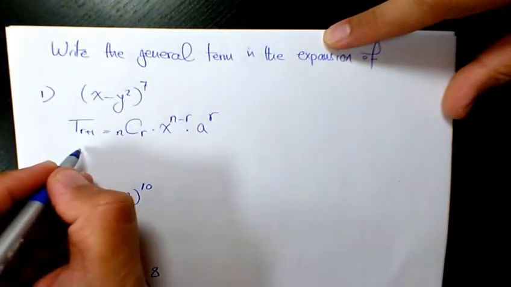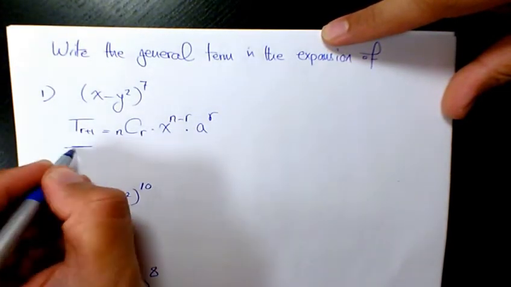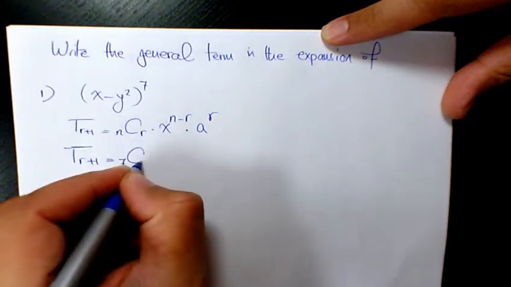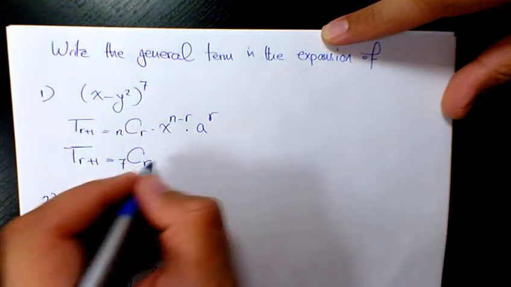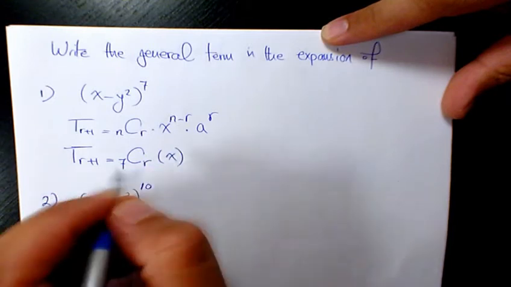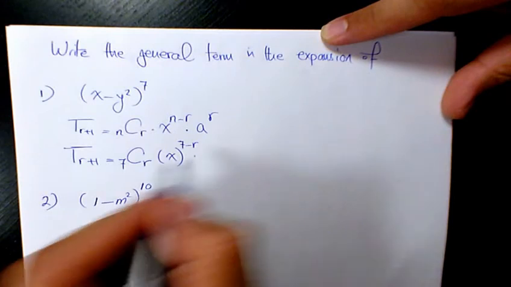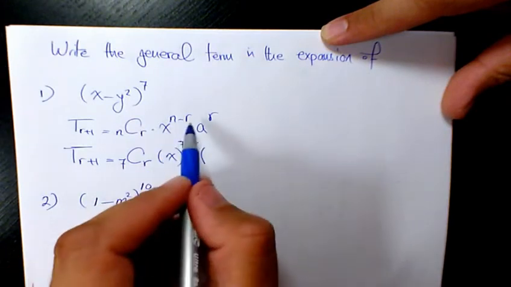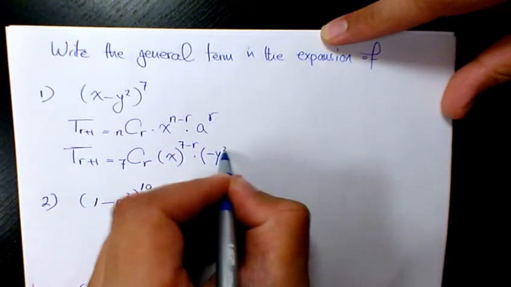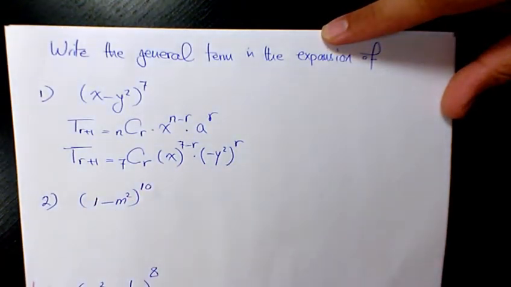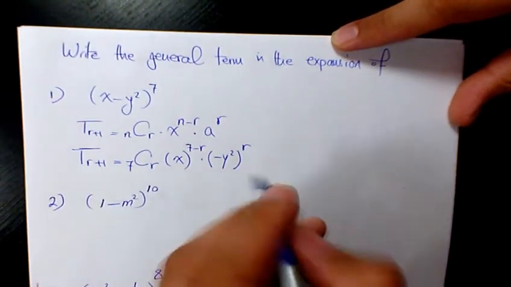So in this case, t_(r+1) equals 7Cr x^(7-r) times (-y^2)^r. So that is our general term.